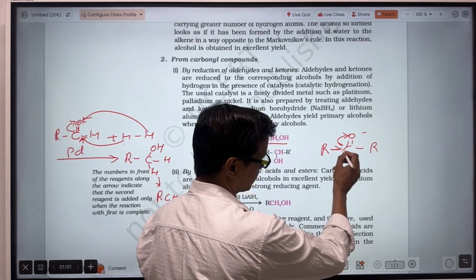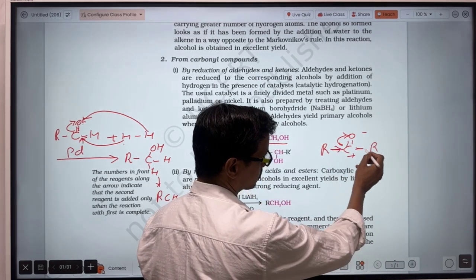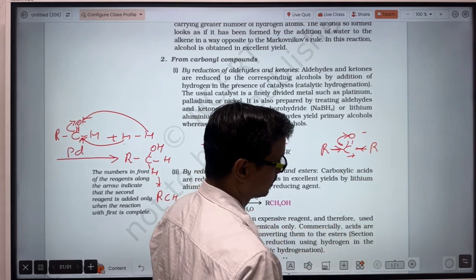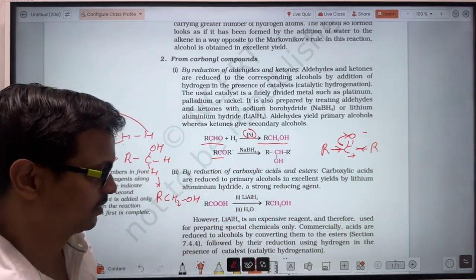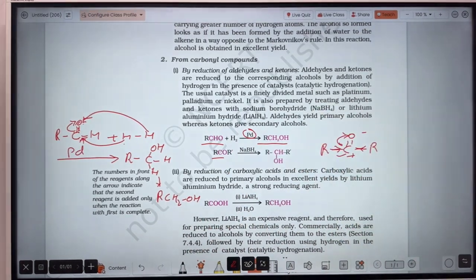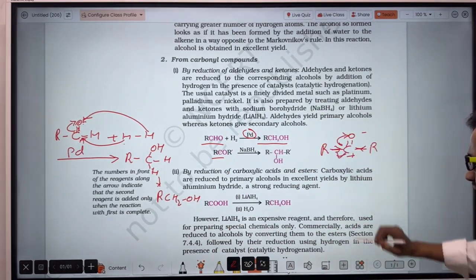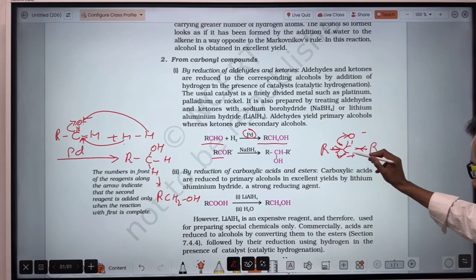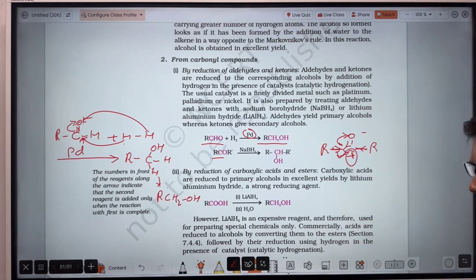But in ketone, this alkyl group will provide electron to this carbon and from this side, the electron will also be provided to this carbon. So the carbon of the functional group, the acyl carbon, gets electrons from two sides, and the positive charge on this acyl carbon atom will decrease. When polarity decreases, obviously reactivity will decrease.